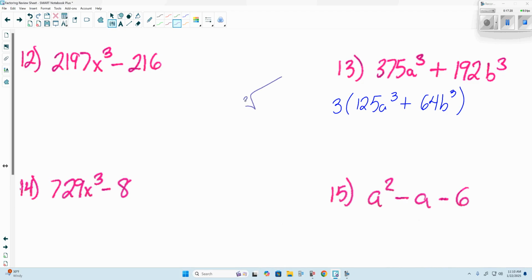Now we need to find our A and B. As we found already, the cube root of 125 is 5. The cube root of 64 is 4. And our A cubed, B cubed would be A and B.